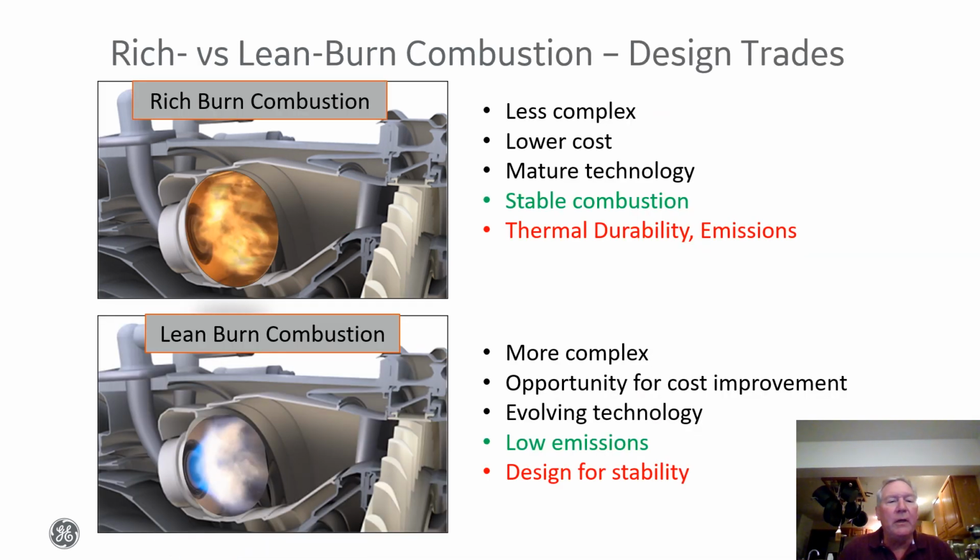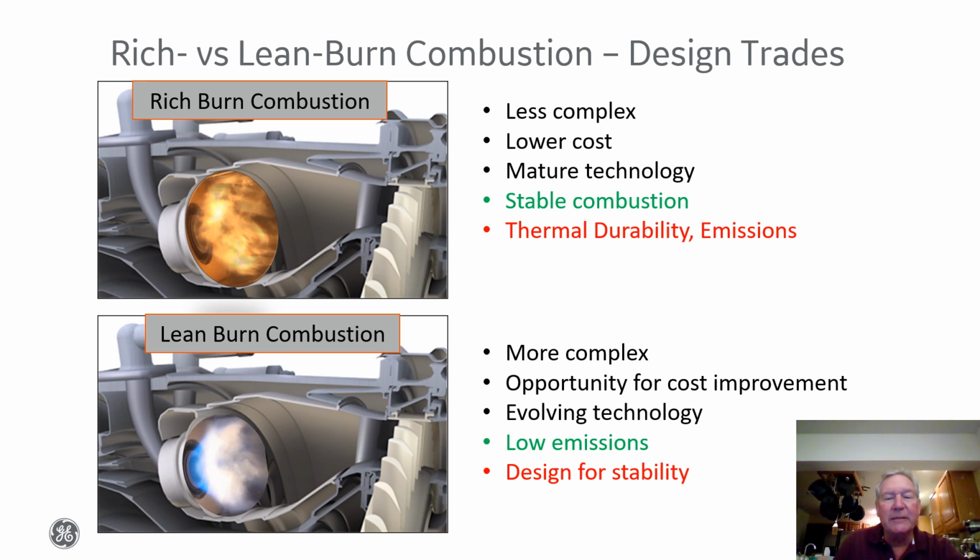So just a few notes on rich burn versus lean burn combustion. Rich burn has been the strategy that has been used for many decades. It's the strategy used by most engine companies in their current products. There's reasons why we stick with that to some extent.